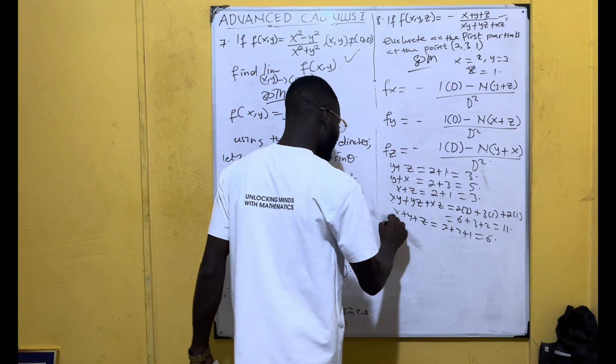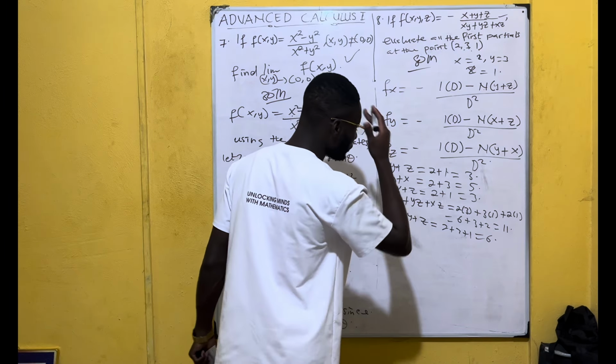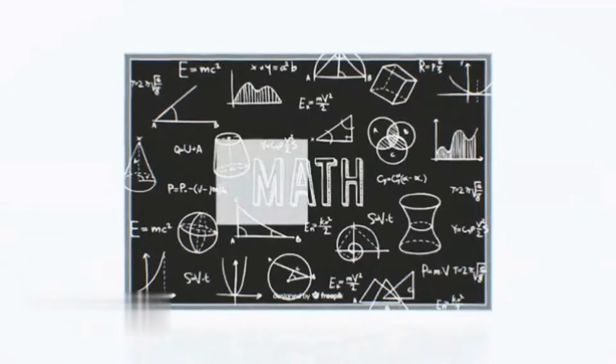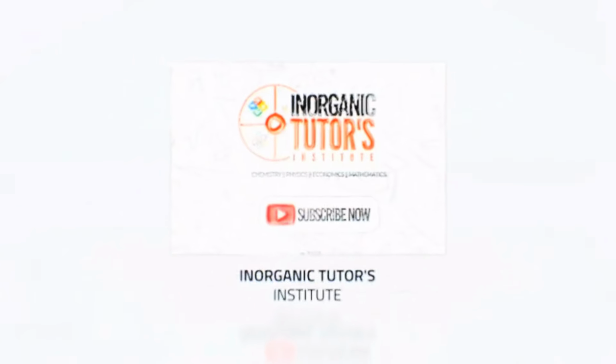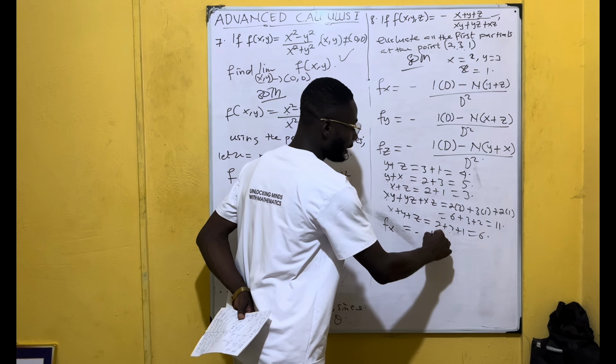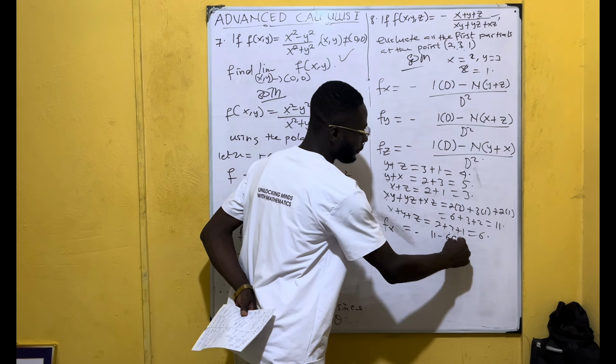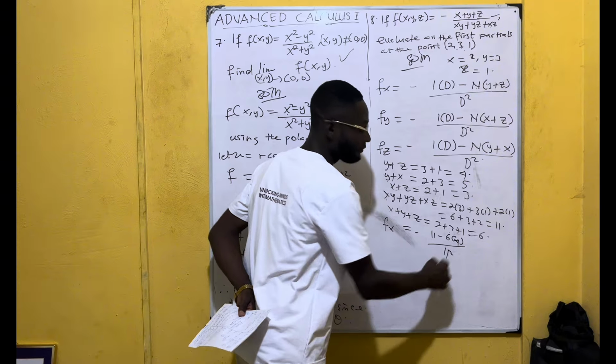Right, so we have Fx equal to 11 minus 6 into 4 divided by 11 squared.